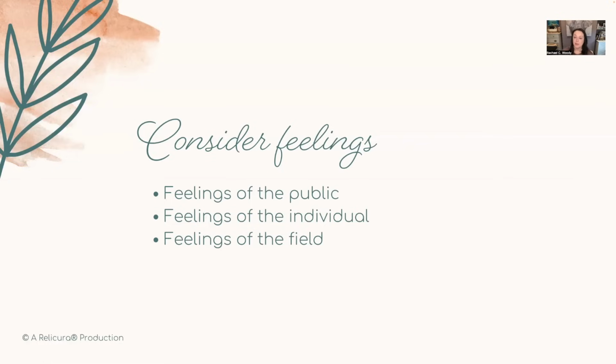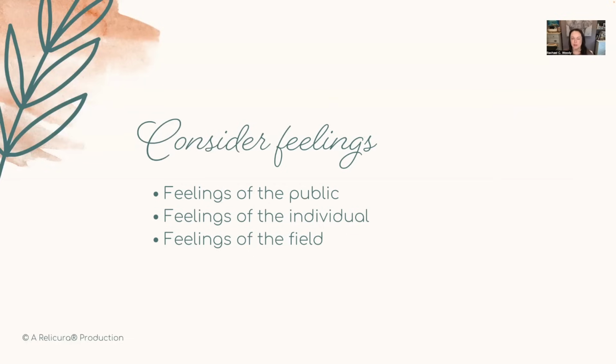And in fact, many of our best practices around deaccessioning refer to us, museums and archives, as a public trust, where we house public goods that are supposed to be of benefit to the public, which is part of the reason why it can seem so scandalous when a museum or archives gets rid of something that is seen as something that was for the public. So considering the feelings of the public, number one. Feelings of the individual, number two.